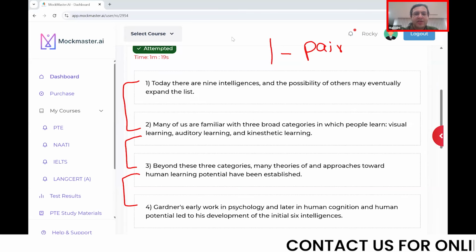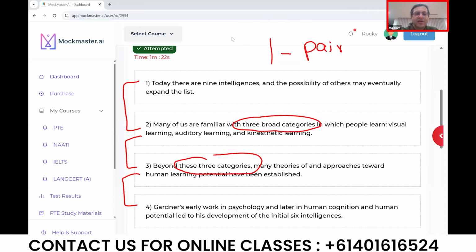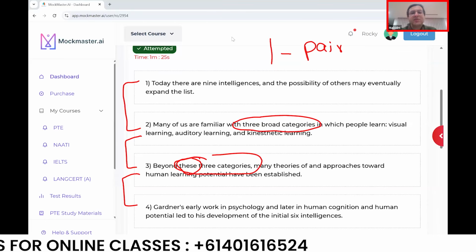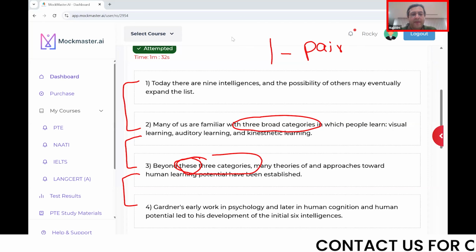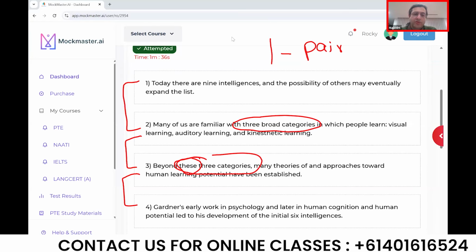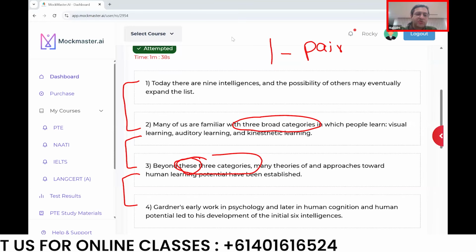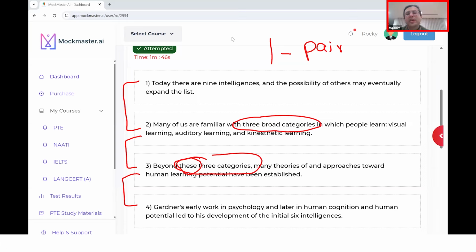For example, I can see 3 broad categories. What are these? These are pronouns: he, she, it, this, these, those. Pronouns always come after nouns. You need a name first and then a reference to that name or thing. So there is a chance that 2 and 3 can form a pair.